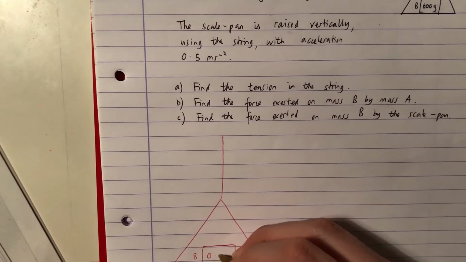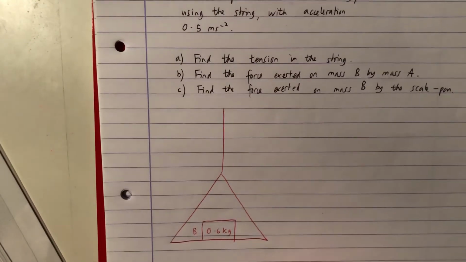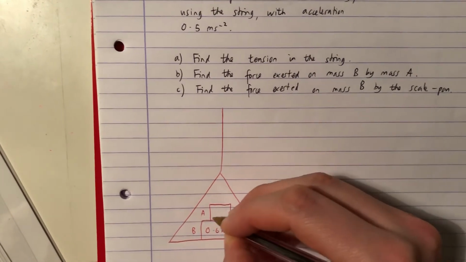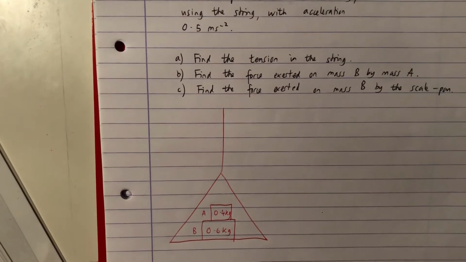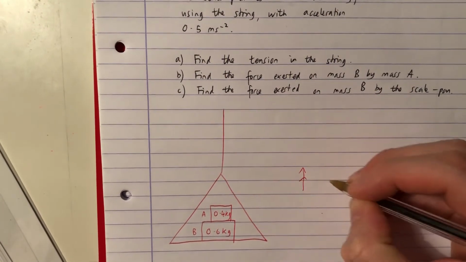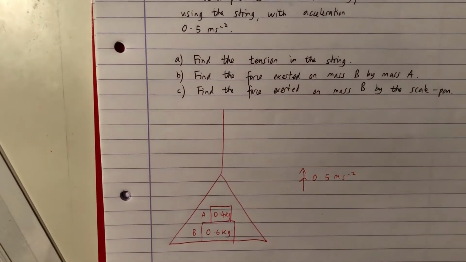So the first thing I'm going to do is write that as 0.6 kilograms. And object A is 0.4 kilograms. It's accelerating upwards, given in the question, 0.5 meters per second squared.